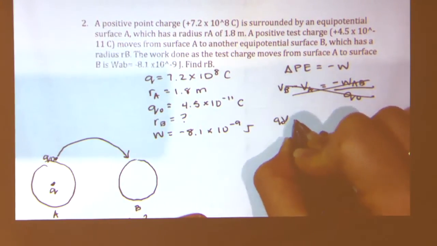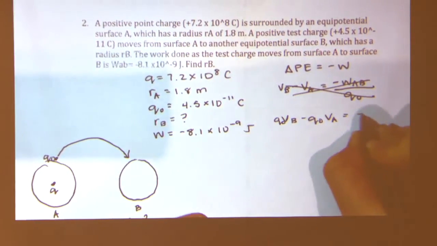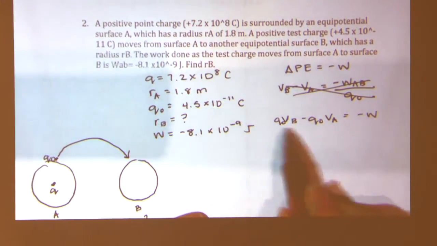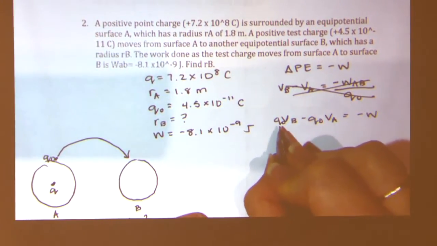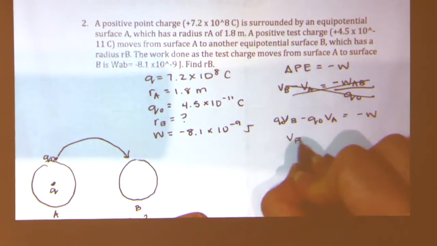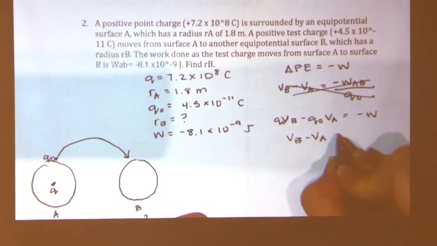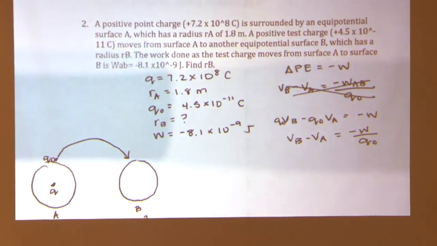So we have Q naught VB minus Q naught VA is equal to negative work. I factored out this Q naught because it's what they have in common, that test charge. Factor it out and divide, and then we get VB minus VA is equal to negative work over Q naught. So maybe that might be a little easier to follow.